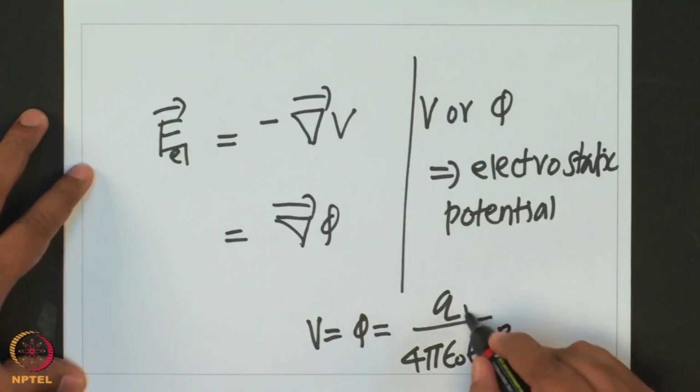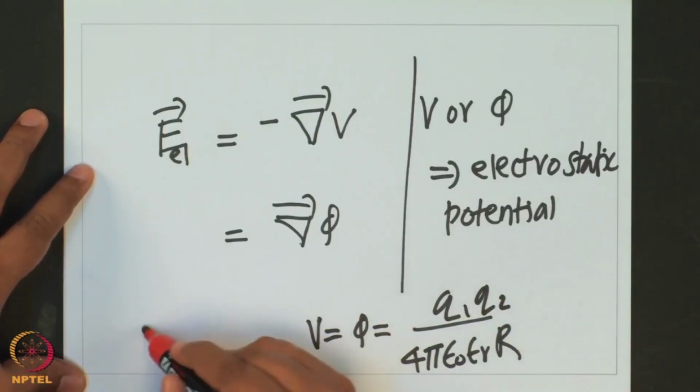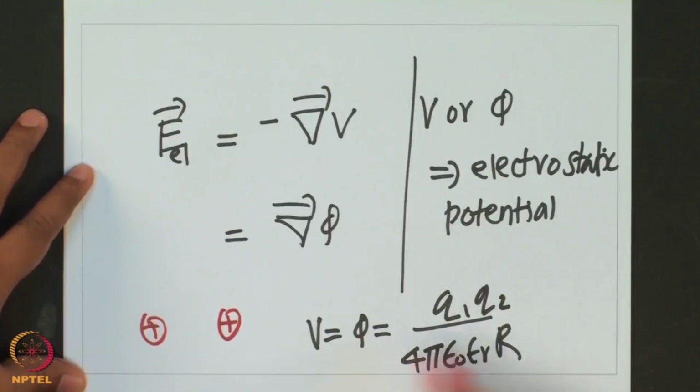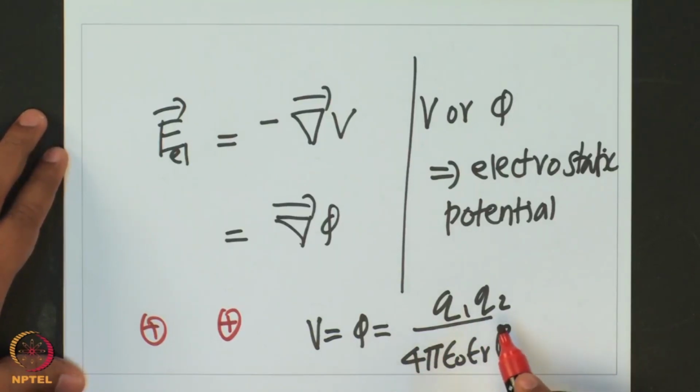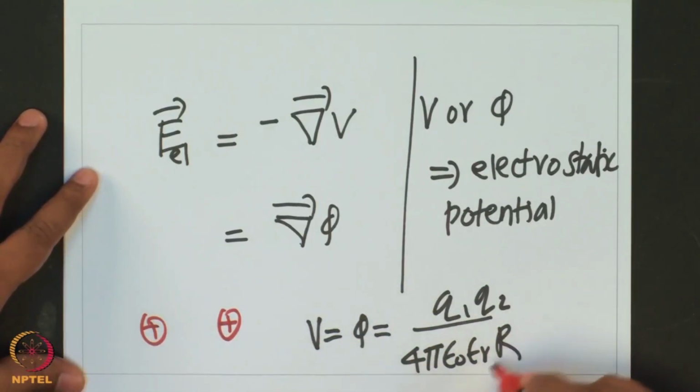If you have two charges, the electrostatic potential energy can be written as Q1 Q2 by 4 pi epsilon 0 epsilon r. The derivative of this, with a minus sign, would give us the direction of the force, and we can learn many things about this. So think about what is the derivative of this. In this case r is just x, so I would replace this r with x.